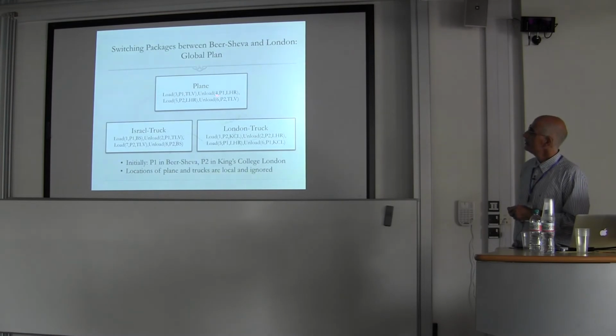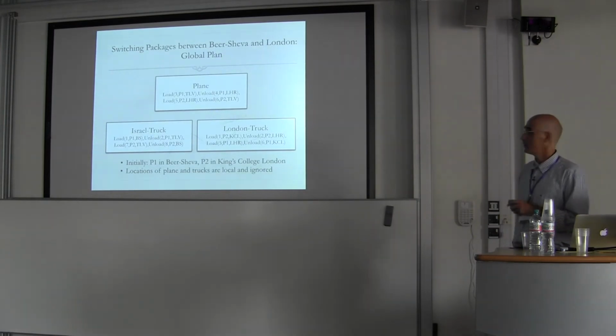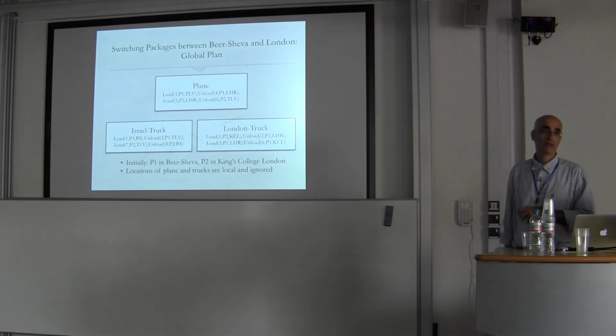So, this is a global skeleton plan. It mentions only global actions, and it's easier to think of it when you ignore the local variables. Let's start with the Israeli truck. We load the package. Notice that in the plan I also have these numbers, which are abstract time points.